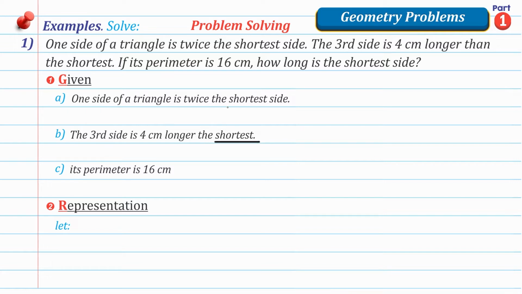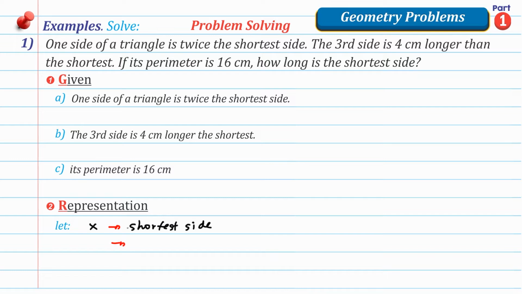Again, based pa rin from the shortest side. So notice, dapat gamitin natin as the variable yung shortest side kasi yung dalawang given dyan are compared to the shortest side. Okay, first representation. Why not try to let x be our shortest side?